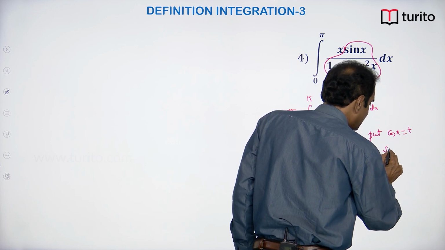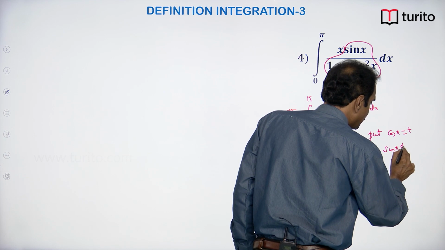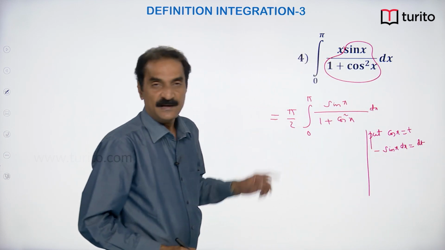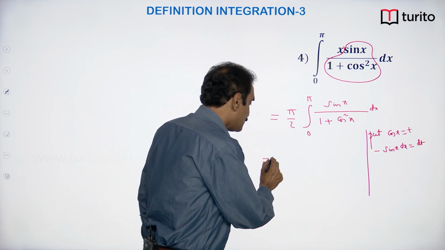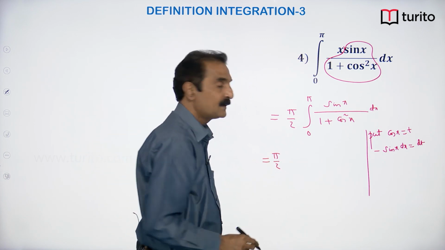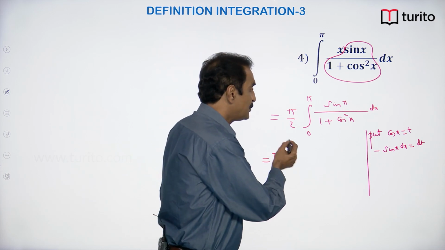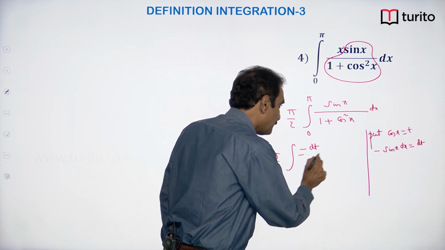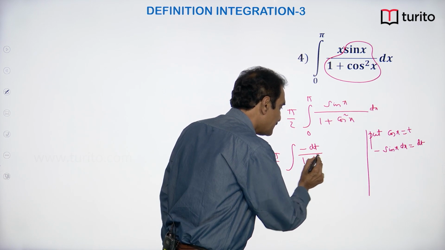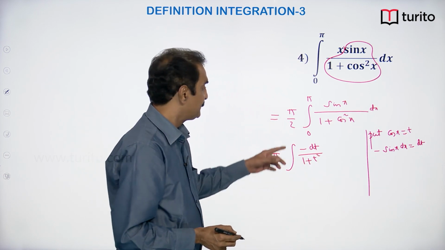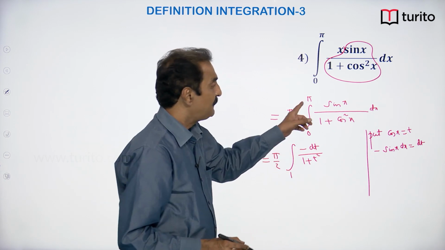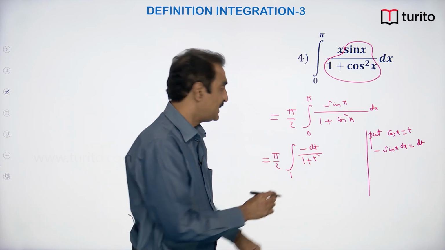Then minus sin x dx is equal to dt. Then it will be pi by 2 into integral minus dt by 1 plus t square. What are the limits? If x is 0, t is 1. If x is pi, cos pi is minus 1.